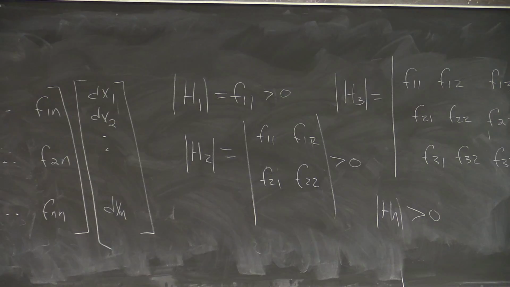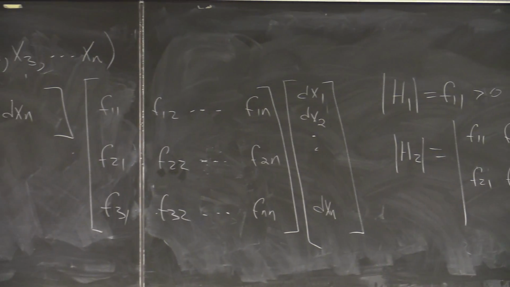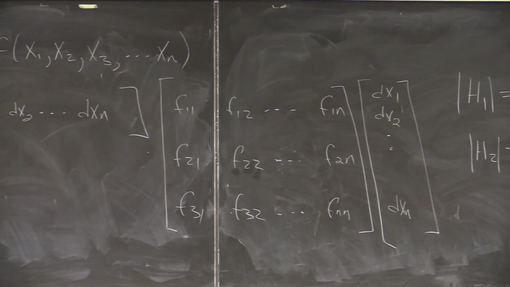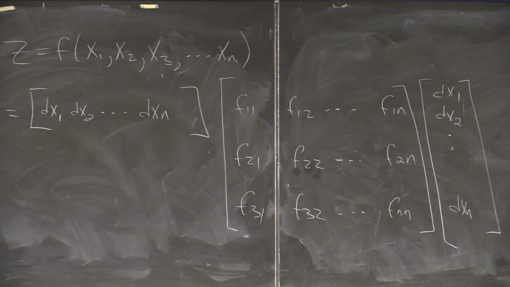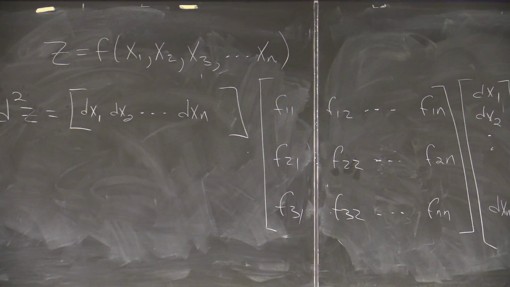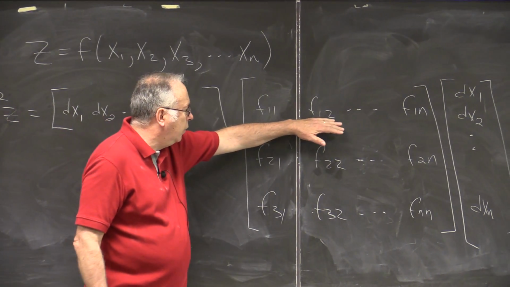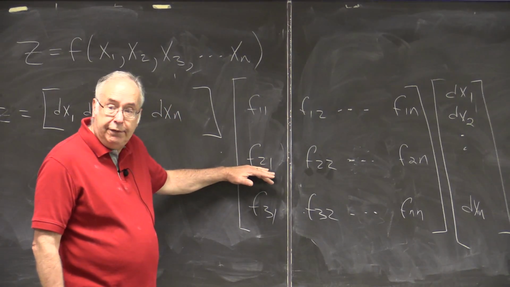So, before we, yes, Josh. Since 1, 2, and 3 are just arbitrary names we give the variables, is it worth the trouble of switching them around to get easier Hessian matrices to solve? Well, it is true. Is what you're saying, Josh, that F12 is the same as F21?